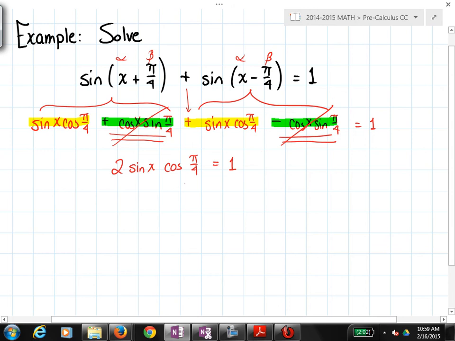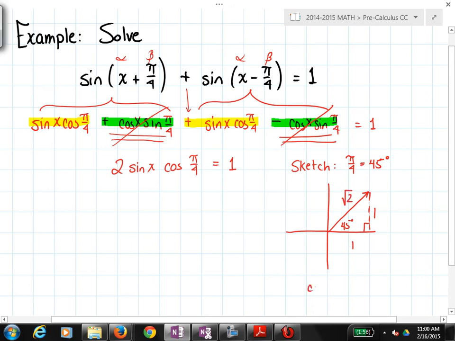Now I notice there's a pi over 4. What is pi over 4? 45 degrees. Good, 45 degrees. So let's go ahead and sketch 45 degrees. So 45 is going to be, let's do our right triangle: 1, 1, square root of 2.